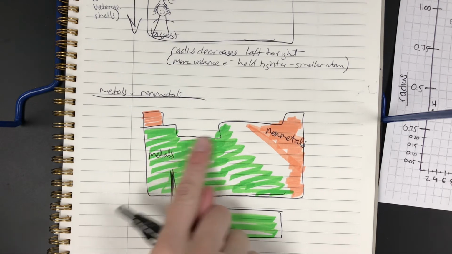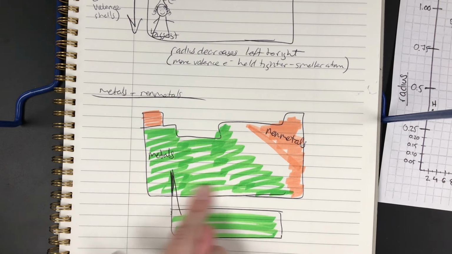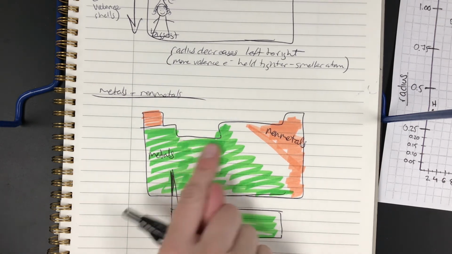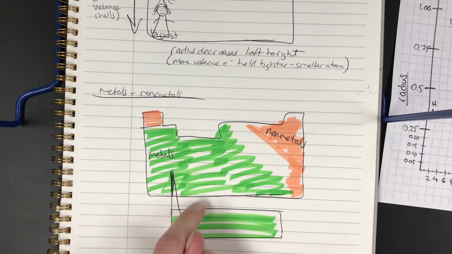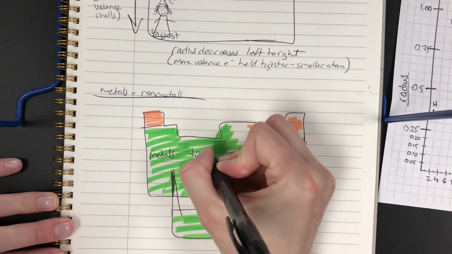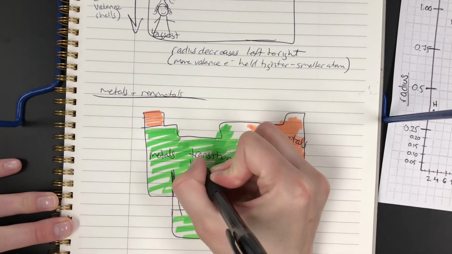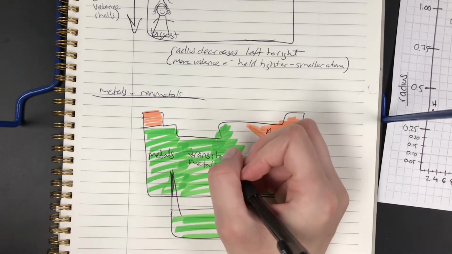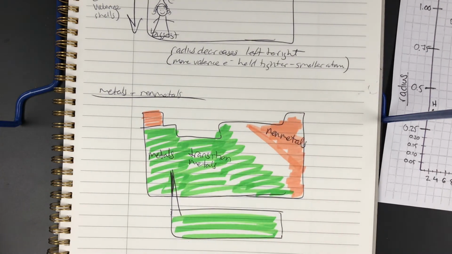What are these metals in the middle called? Look at your periodic table, they're labeled on there. Transition metals. Those ones in the middle, they're transition metals.